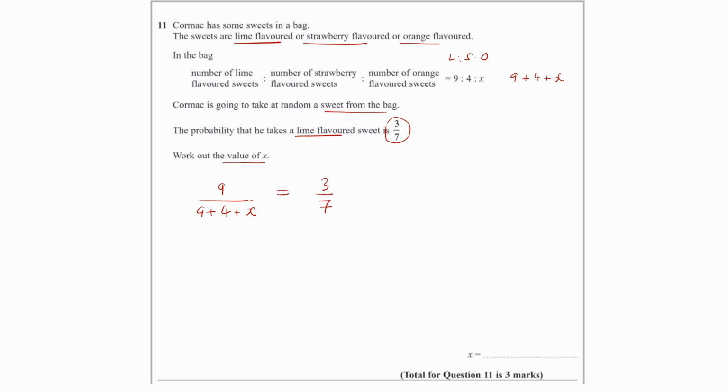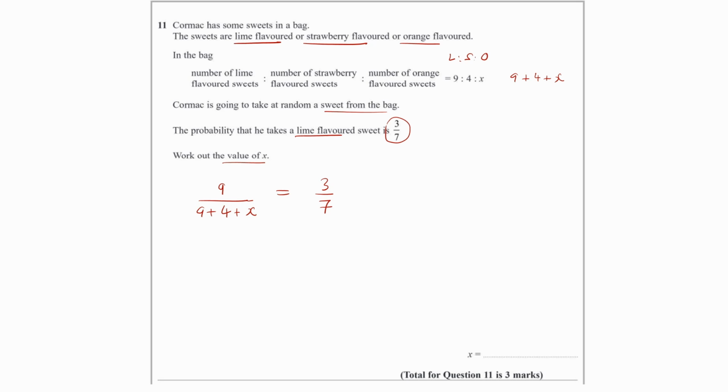This could be multiples of 3/7, so we might need to go to the next one up, 6/14 or 9/21. In this case, it looks like the best bet is 9/21, because we've got 9 here.